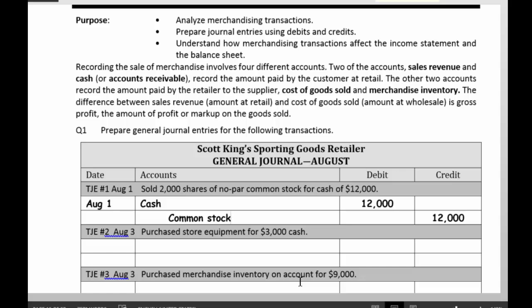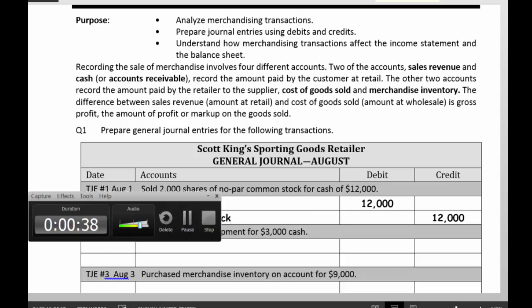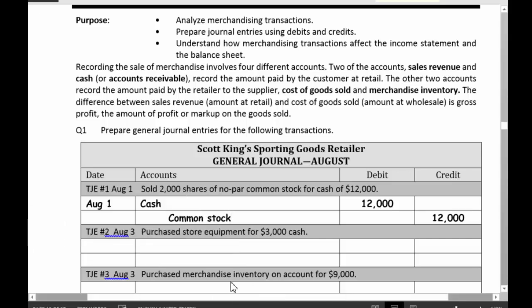So let's try out the first one. Why don't you try this on your own? Purchase store equipment for $3,000 cash. What happens to cash?